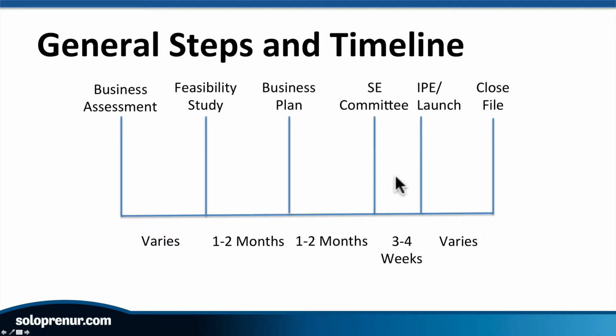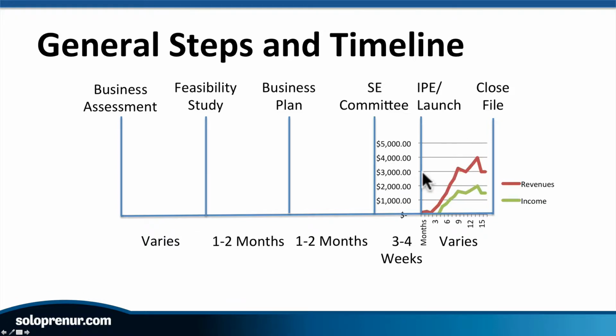And let's start with the end, which we actually covered in the big picture module. I think it's really important to know where you're going and that all these steps are really leading to this scenario here. But it begins with a business assessment, and this could be formal, it can be informal. It depends really on what your disability is and what vocational rehabilitation thinks that you need to support self-employment.